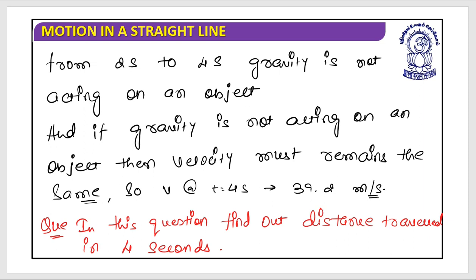I hope you can do it. Divide your journey into 2 segments. The first segment would be of 2 seconds where gravity is there, and another 2 seconds where gravity disappears. It's from 2 seconds to 4 seconds, and the things will be done. Okay, great. Let's move to the next question.